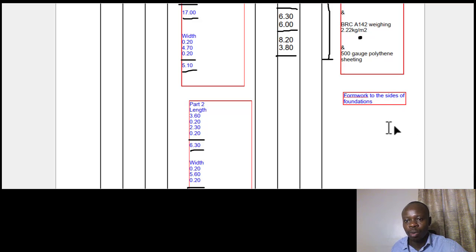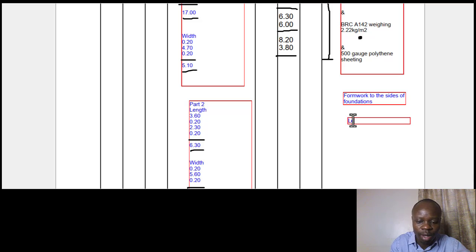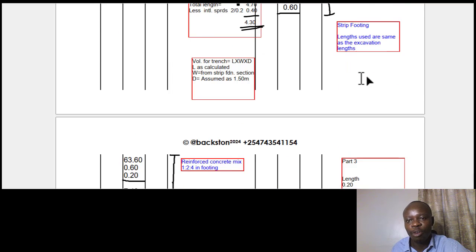Okay, so once you have that, we've also understood that it's going to be calculated in square meters, and for that reason, what we need to know is the dimensions. So for the length, we've discussed quite in depth that length is equal to center line.